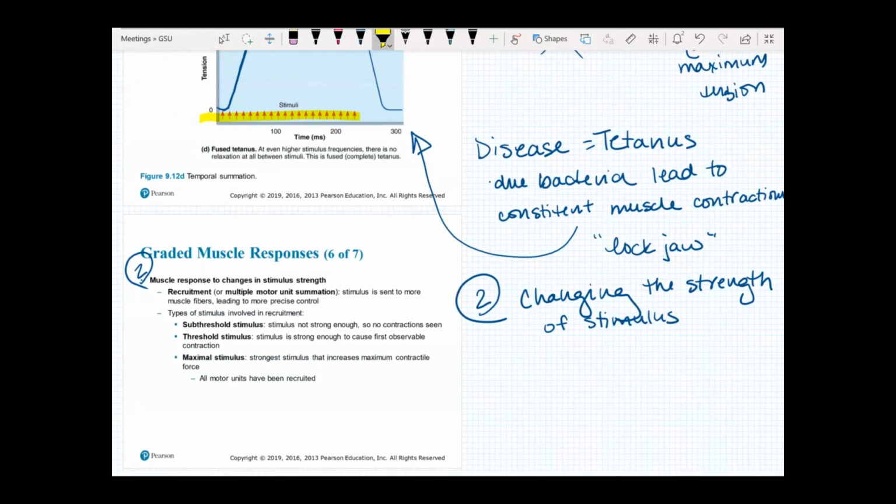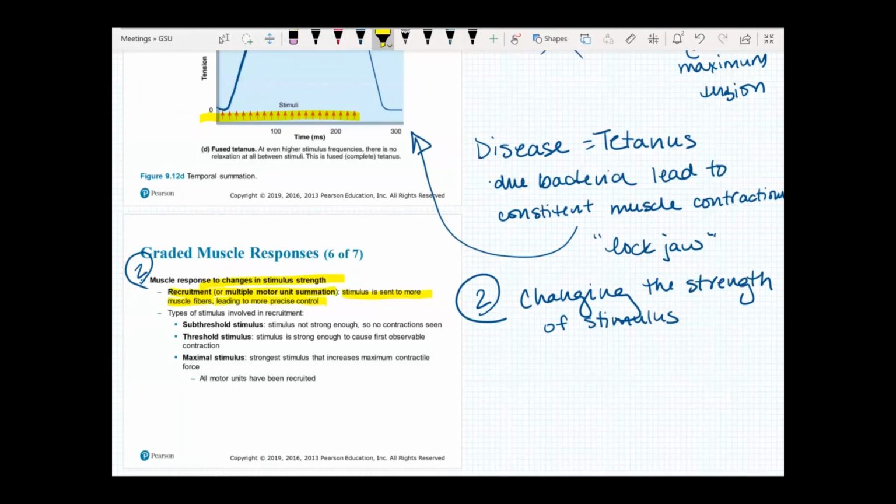So with the changing of the stimulus strength, we're going to essentially recruit more things. There's something called recruitment. If you send the stimulus to more than one muscle fiber, you're going to get more precise control. It's really cool when you think about the fact that we need to have different levels of control.